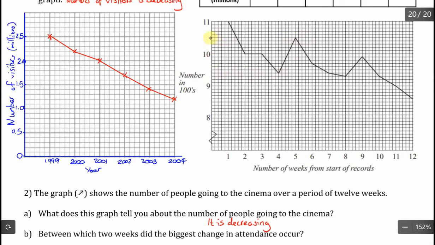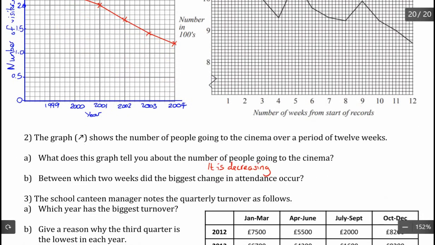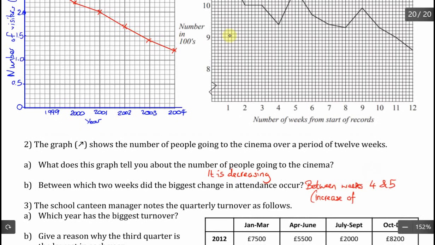So that's a slightly bigger increase. I think that is the one. So it's between weeks 4 and 5. And that was an increase of 110, I think. Yeah, hard to see the lines there.